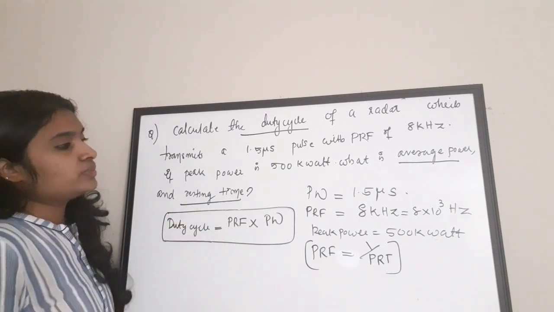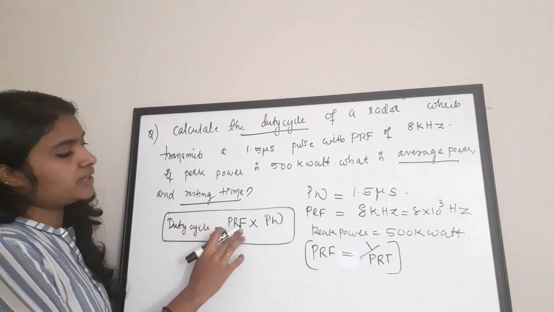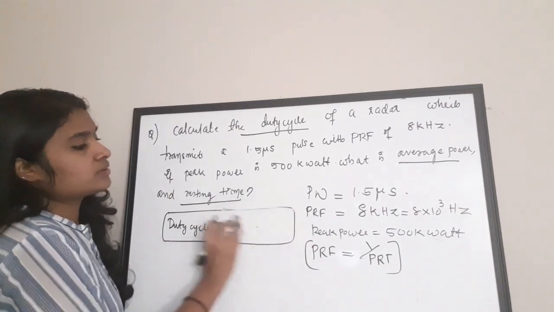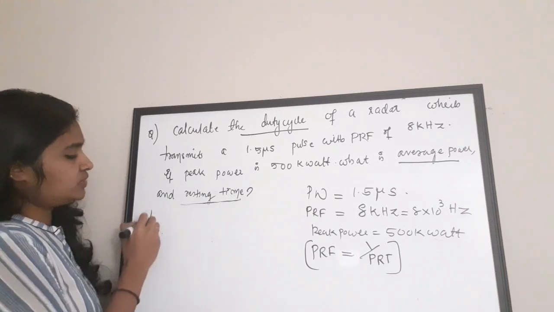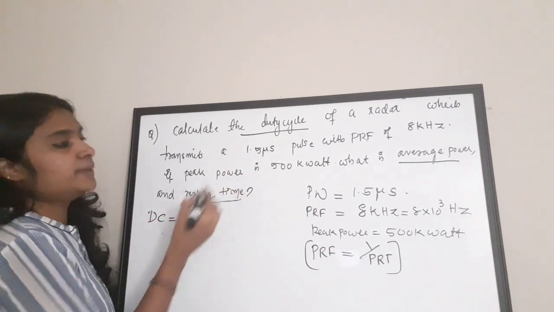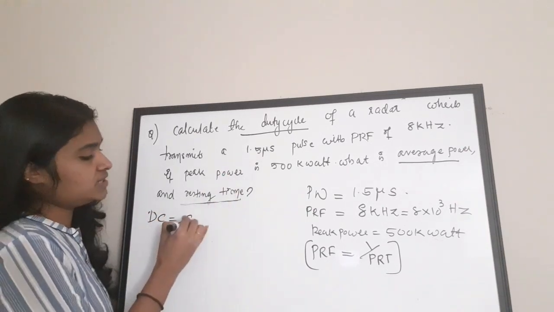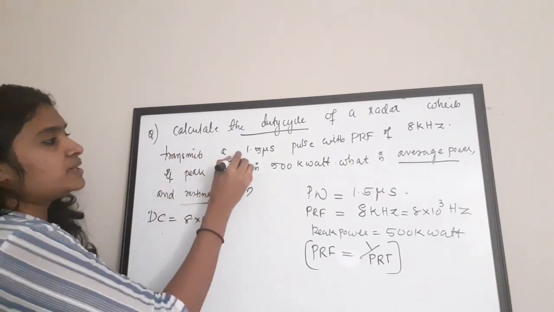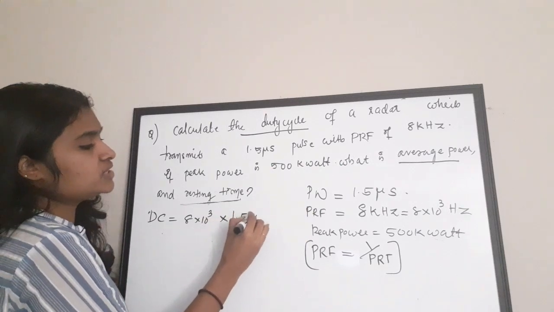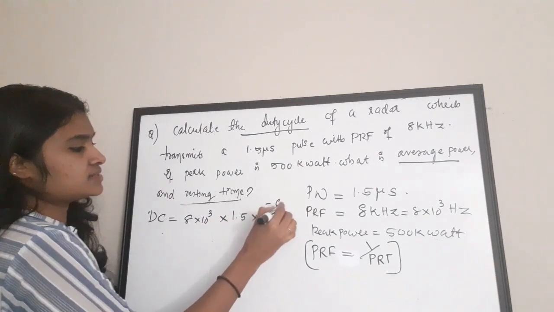Okay, so how can we find this value? What is the value of PRF? Duty cycle, or DC, is equal to, PRF is 8 kilohertz. So 8 into 10 raised to 3 into pulse width, which is 1.5 into 10 raised to minus 6, right?